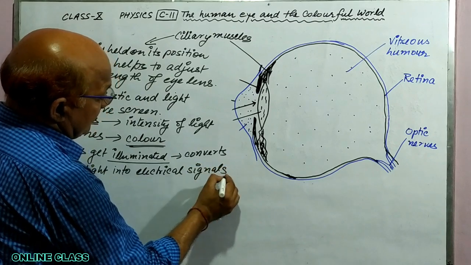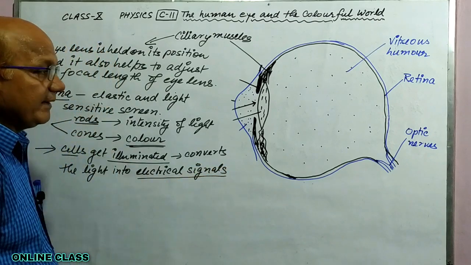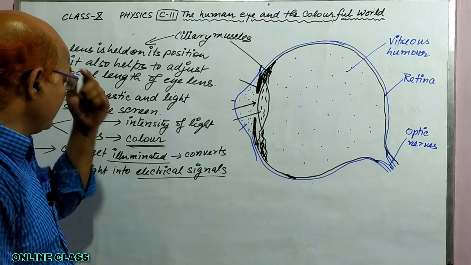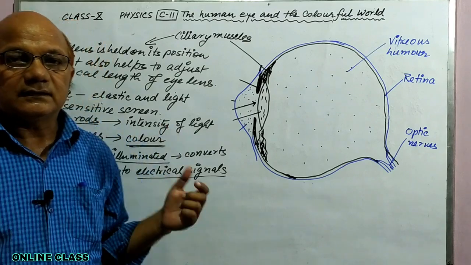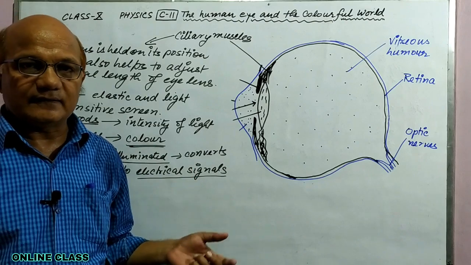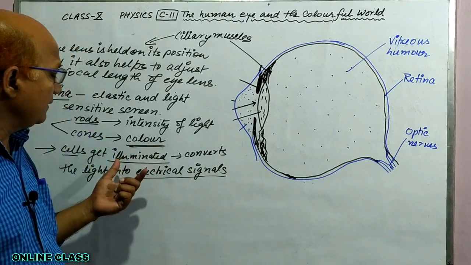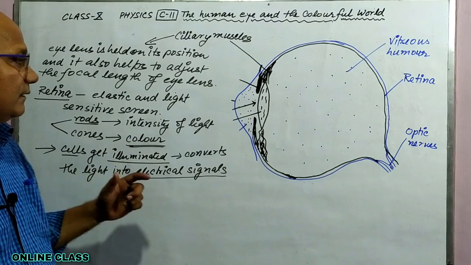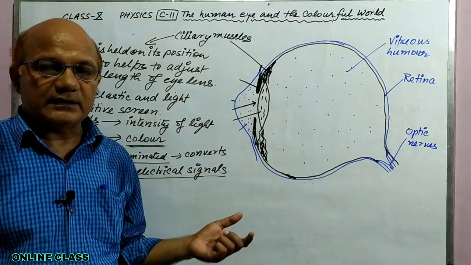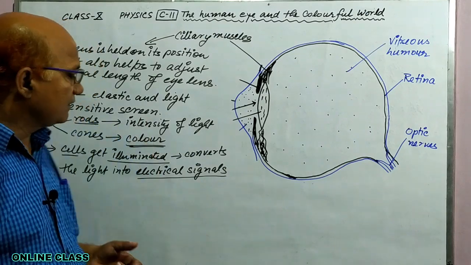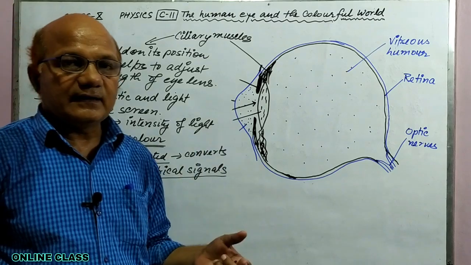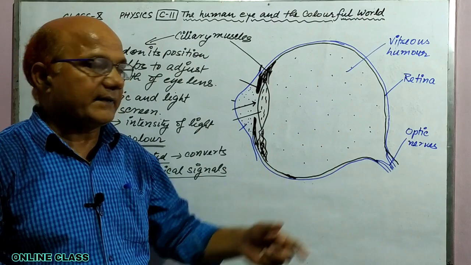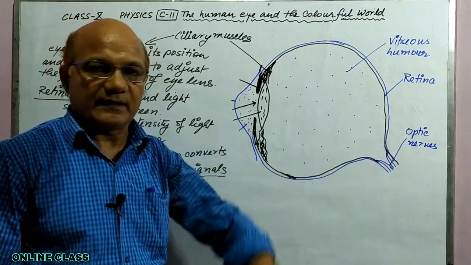So, the main function of these cells is that when they receive the light, they get activated, or you can say illuminated, and in this way the light is converted into electrical signal. Okay. And these signals are sent to the brain via optic nerves.